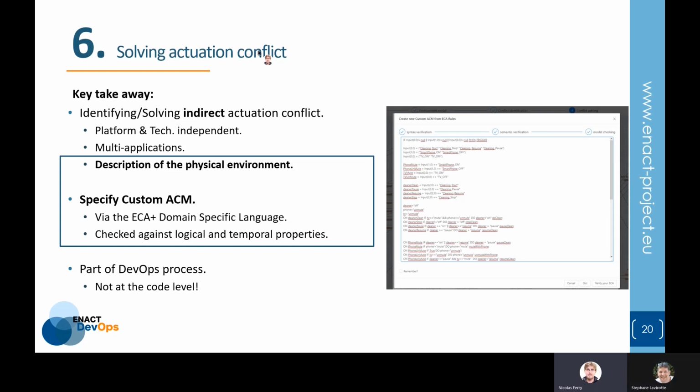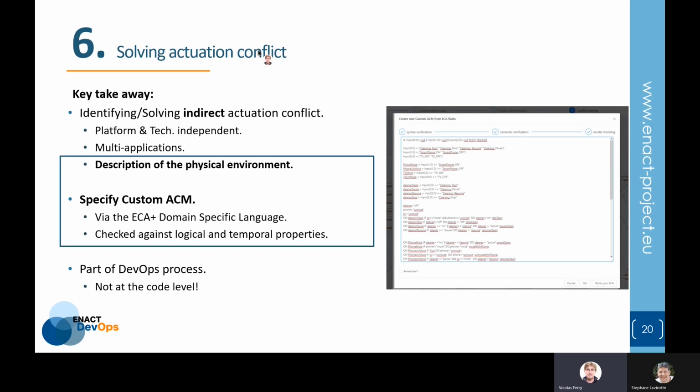To do that, we will show that we can refine the description of the physical environment of the smart IoT system. Here we will depict the fact that the robot can have an impact on the noise in the room. And this time, to solve this indirect actuation conflict, instead of reusing an off-the-shelf actuation conflict manager, we will use a custom actuation conflict manager. A custom actuation conflict manager is designed and specified by the DevOps team.